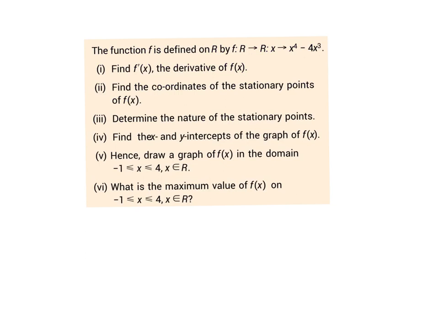Okay, so let's work on with a question now. So here we're given the function f defined by x to the power of 4 minus 4x cubed. So the first thing we have to find is the derivative f of x. So part 1, f prime of x is going to be equal to 4x cubed minus 12x squared.